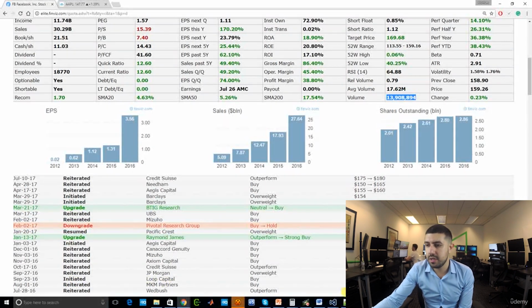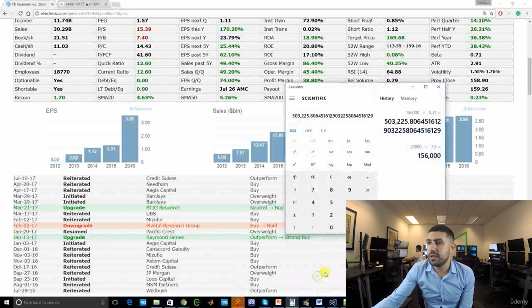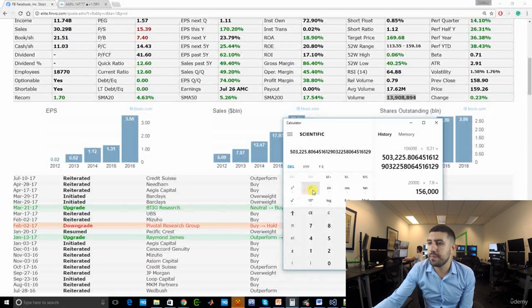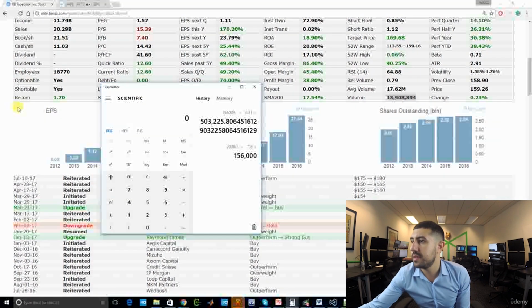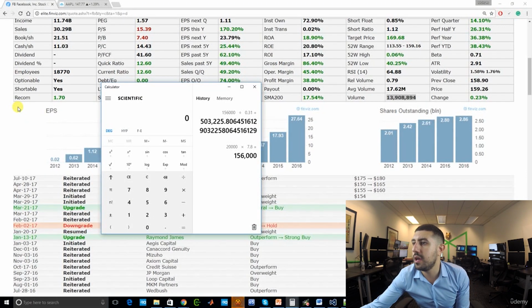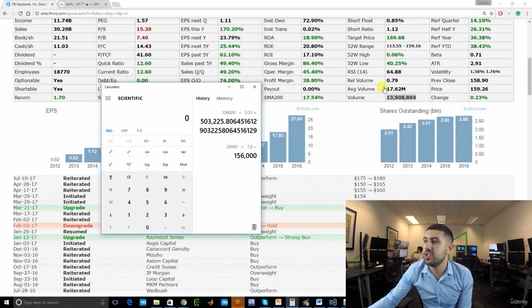Let me bring up a calculator. Usually it trades 17.6 million shares, but today it traded 13.9 million shares.